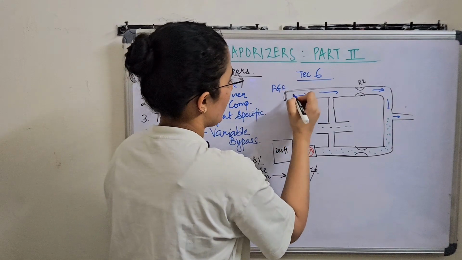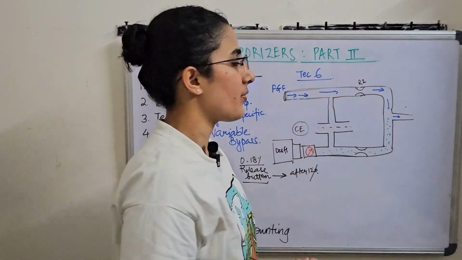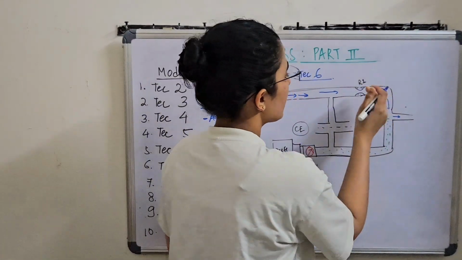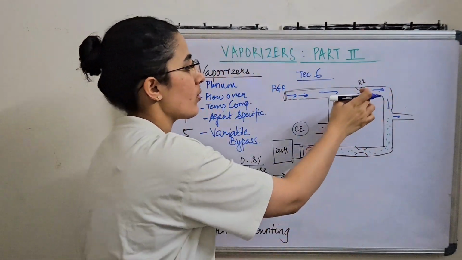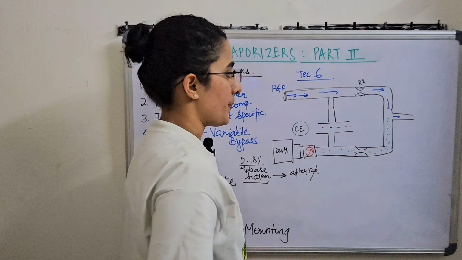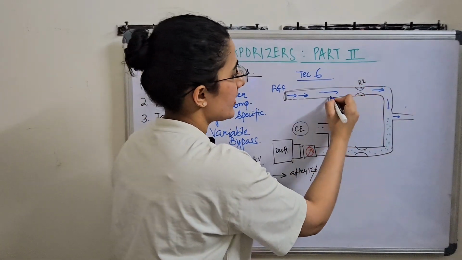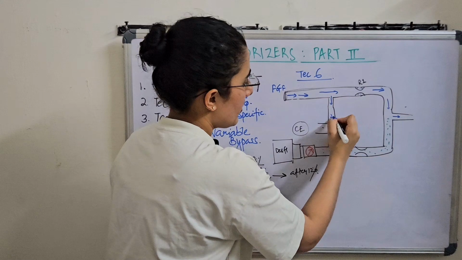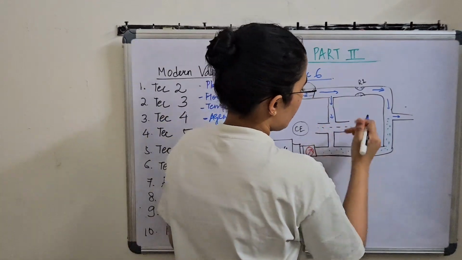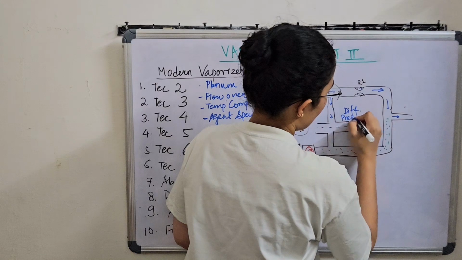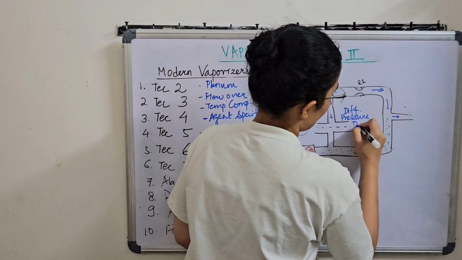This is the inlet of the fresh gas flow. It flows and encounters what is called resistance 1 or R1. Once it encounters R1, a pressure is transmitted to the differential pressure transducer.